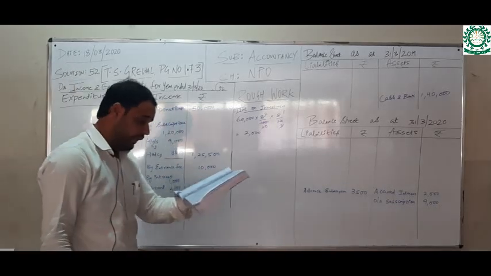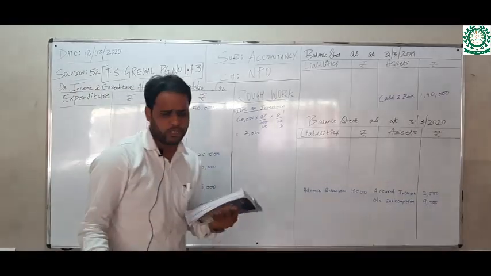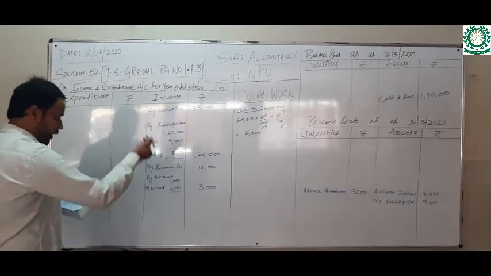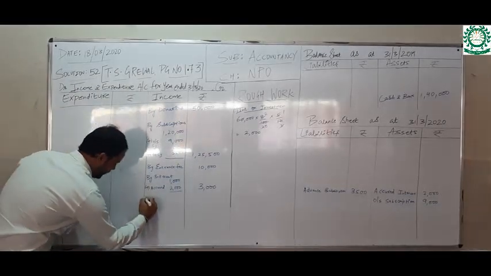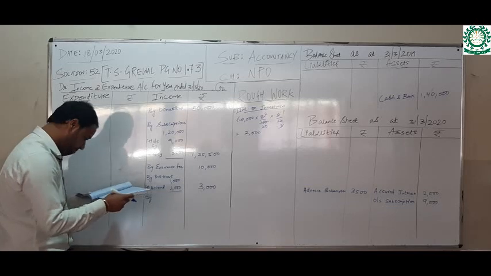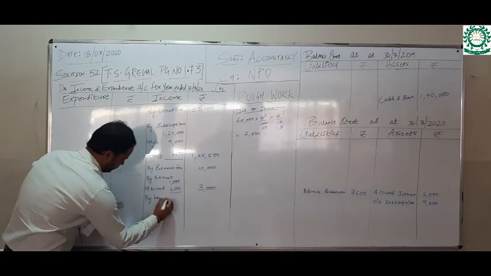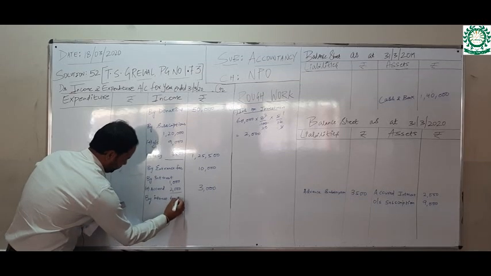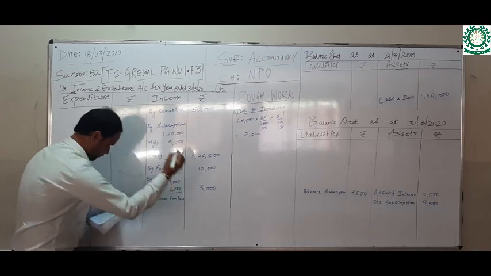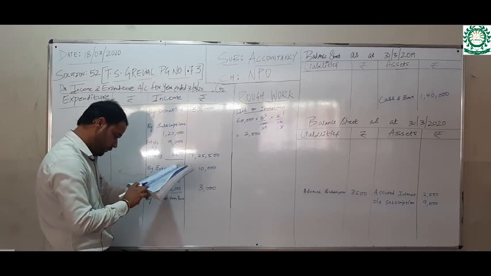Next item, interest received from bank, a regular nature income, again will be recorded in income and expenditure credit side, that is income side, by interest from bank. The amount is 4,000.